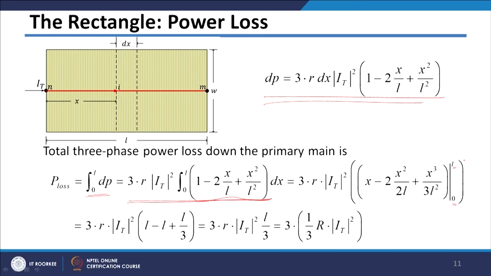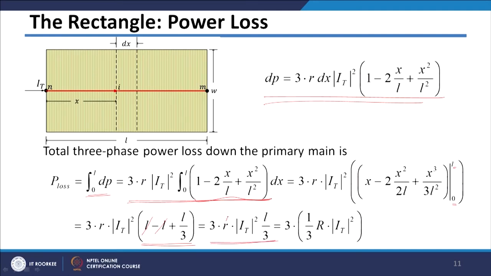So, when we put x equal to L, I will get this term here, and when I put 0, it will be totally 0. In this term, L and L will get cancelled out, so only L by 3 will remain. So, total power loss will be 3 into small r into IT square into L by 3.